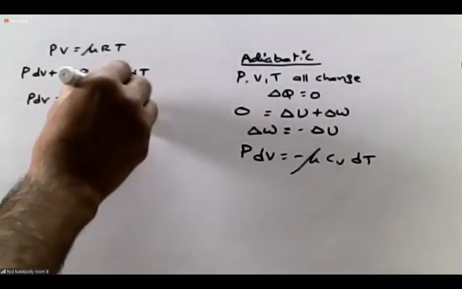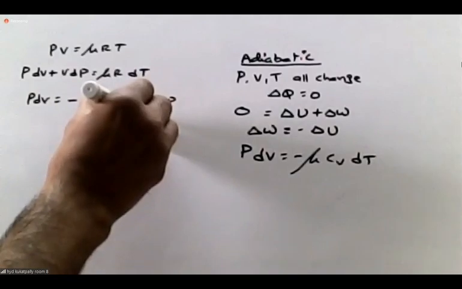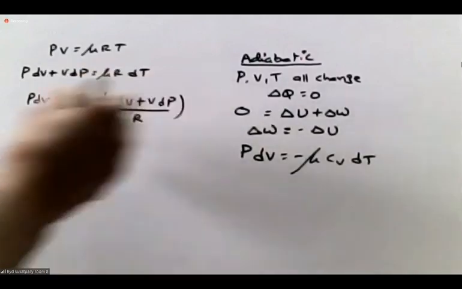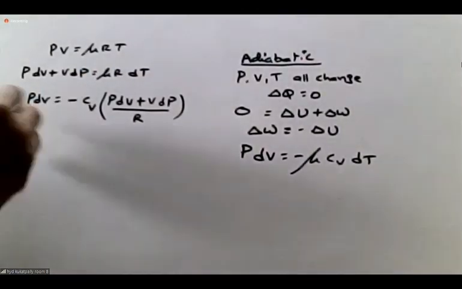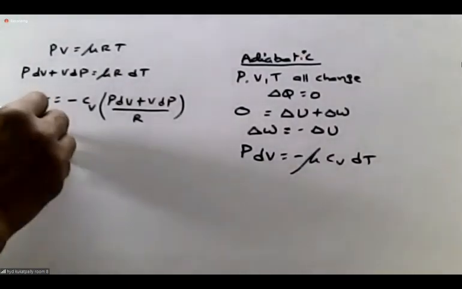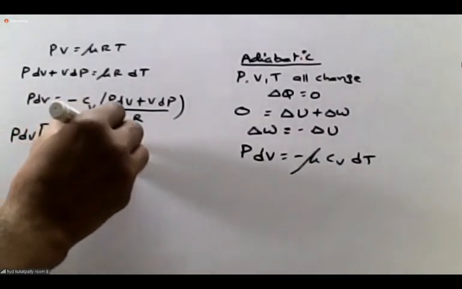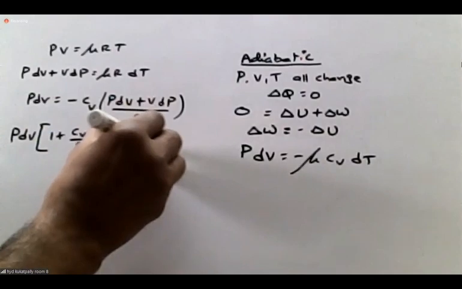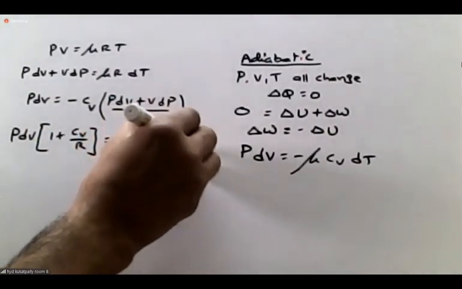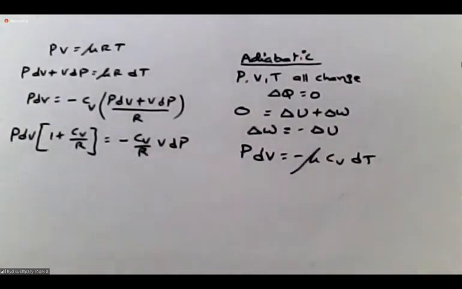I am writing PdV plus VdP by R. PdV common, then it will become 1 plus Cv by R, is equal to minus Cv by R into VdP. Here R plus Cv: we have Cp minus Cv equal to R, correct?